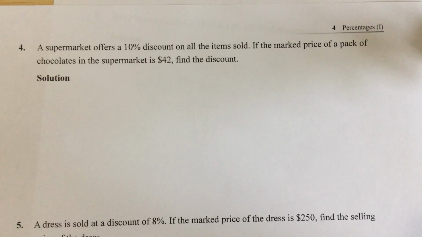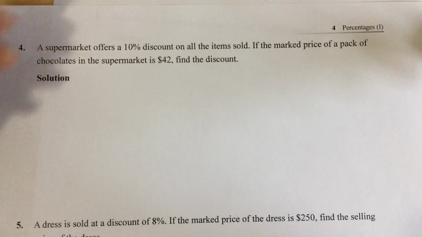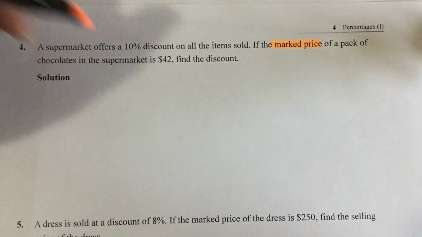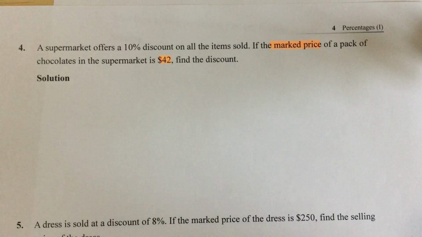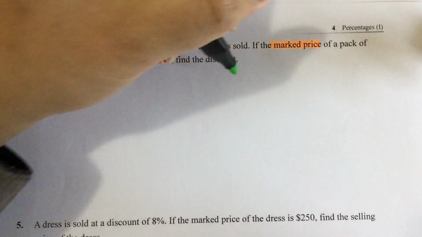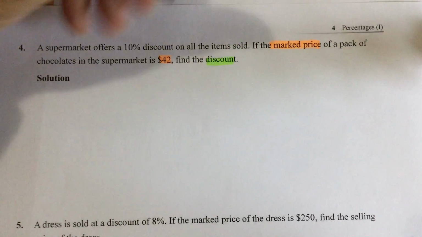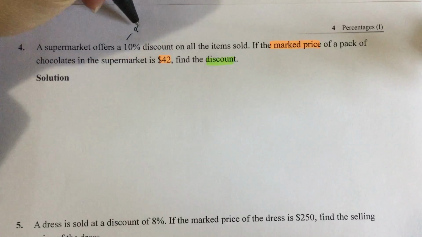So first of all, what do we know is the chocolate with the mark price is $42, a little bit expensive. And we are going to find the discount. And the discount percent is 10%.